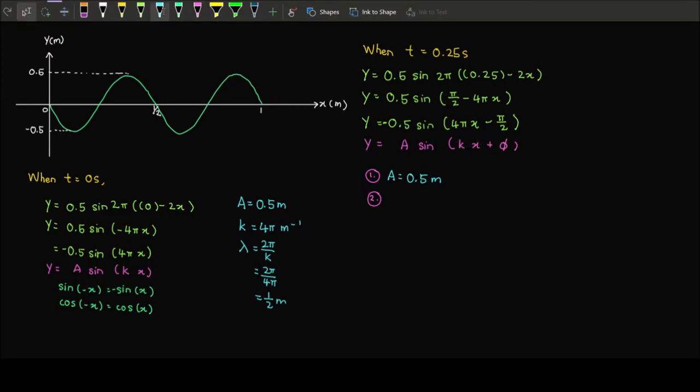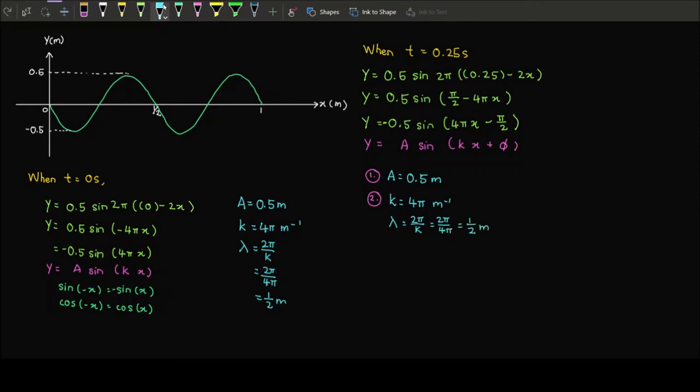So we extract the wave number. k will be equal to 4 pi per meter. Then once you extract this, you change it to lambda. Last time it was omega changed to period, now it's wave number changed to wavelength. So 2 pi over k, it's 2 pi over 4 pi, then your answer will be half meter.